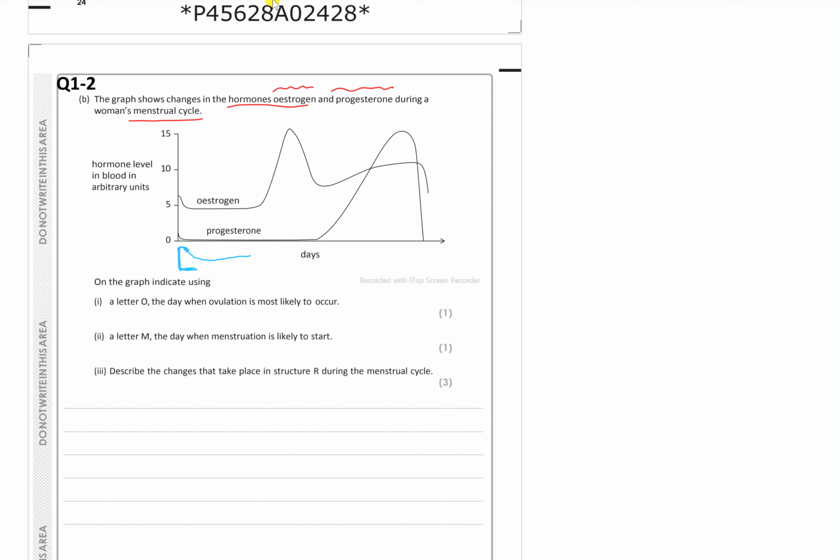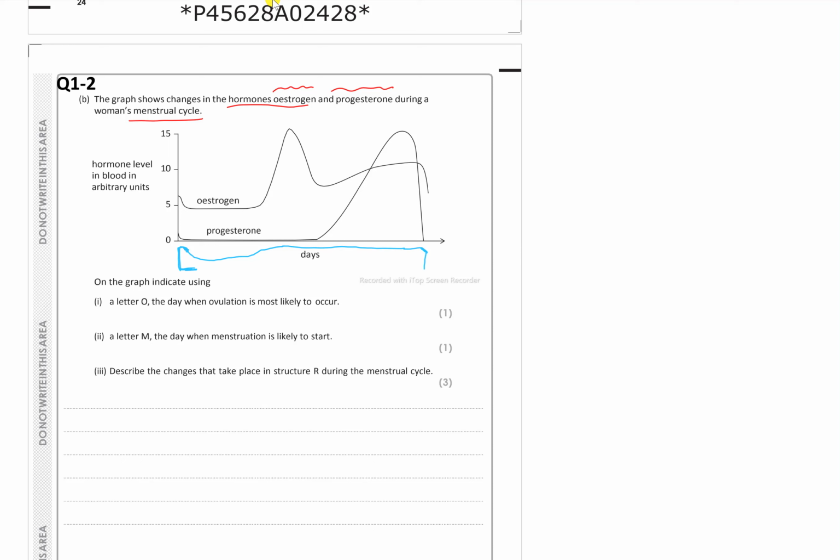Then it starts to thicken, and it gets ready to receive a fertilized egg, and it'll implant in there and start the pregnancy. And then if it doesn't happen, you have the menstruation, the bleeding.